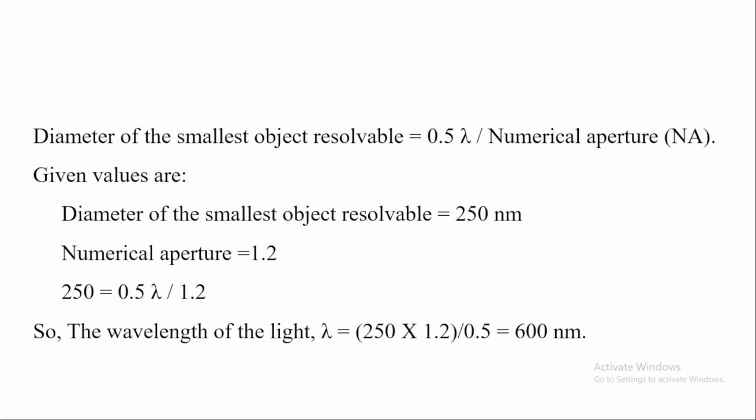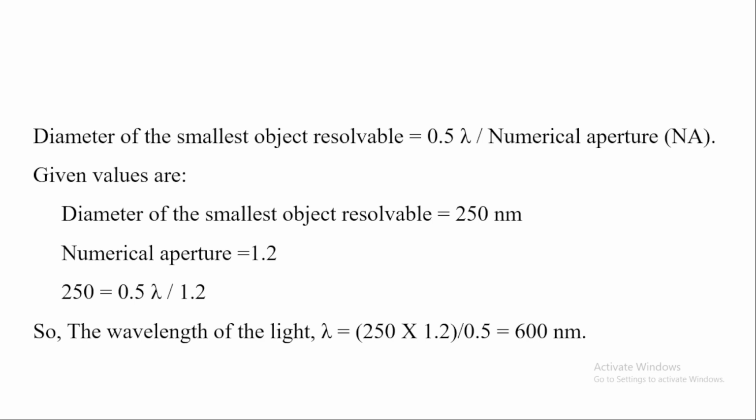So let's see how to solve this question. The diameter of the smallest object resolvable is equal to 0.5 lambda. This symbol is called lambda and it denotes the wavelength of the light, divided by the numerical aperture. In the question we have been given the diameter of the smallest object resolvable as 250 nanometer. The numerical aperture is 1.2.